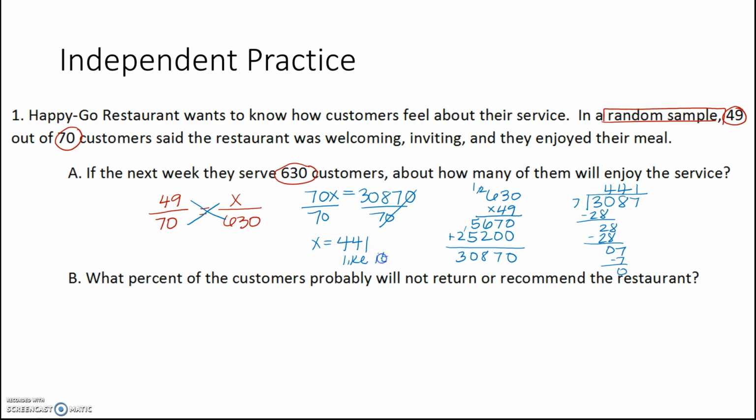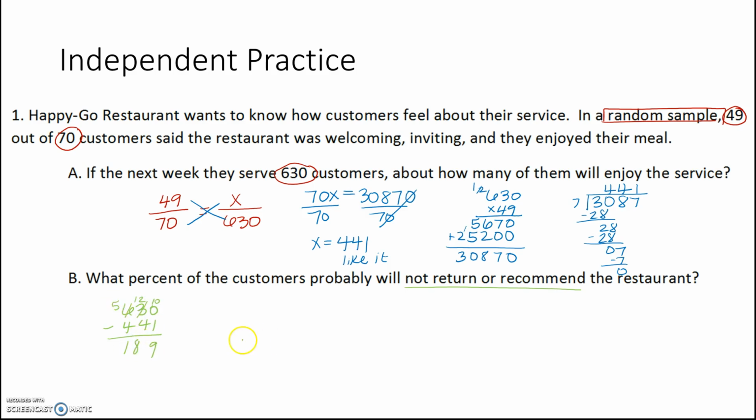Now this is asking what percent would not return or recommend. So 630 people minus the 441 who liked it is 189.